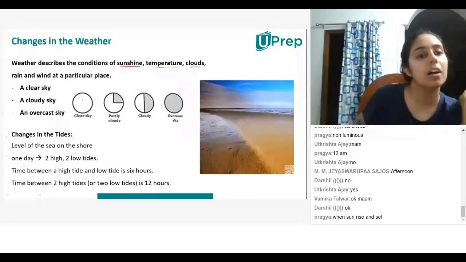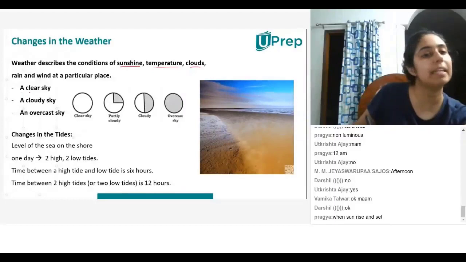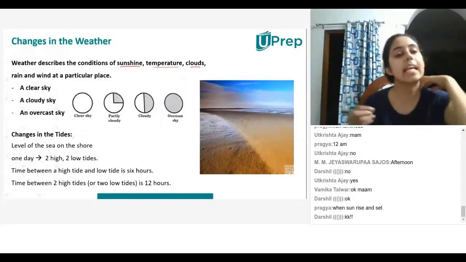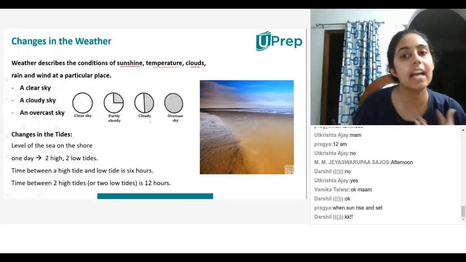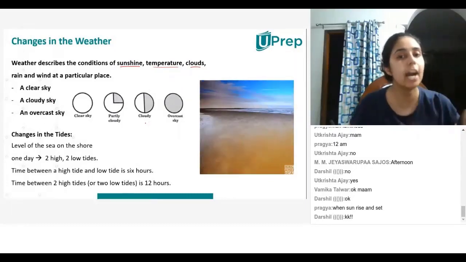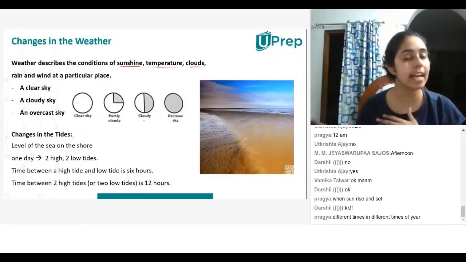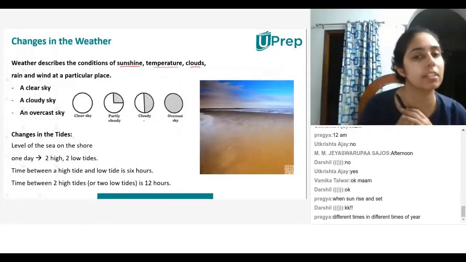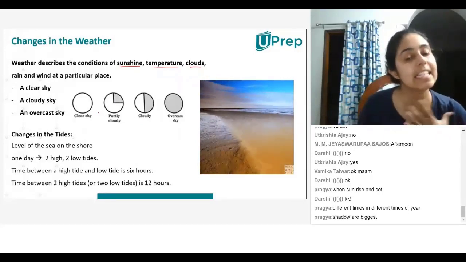So when I say the sky is clear, it means it has no cloud. When you say the sky is cloudy, you're saying at least half of the sky is cloudy. If you say partly cloudy, it means less than half.